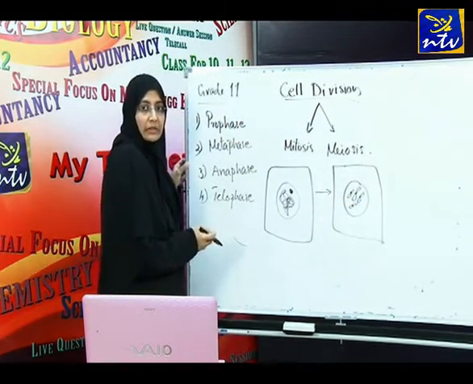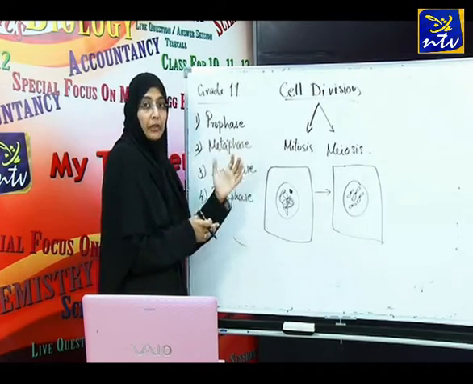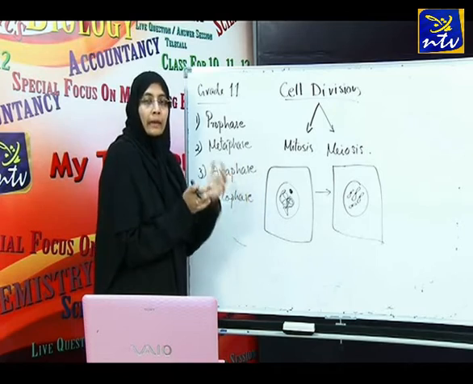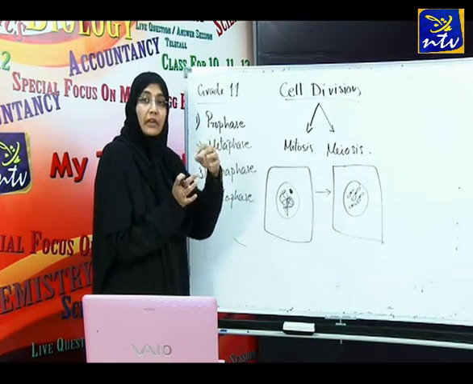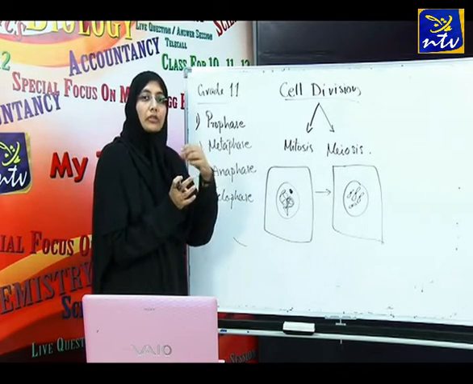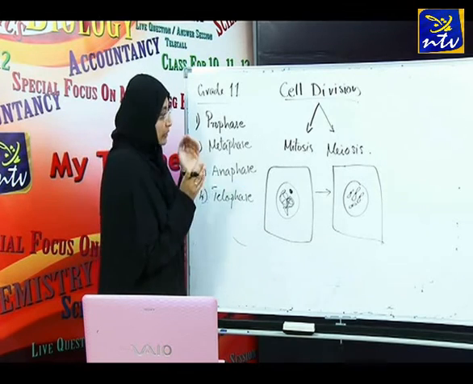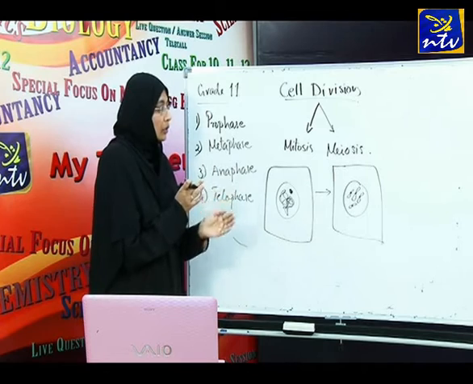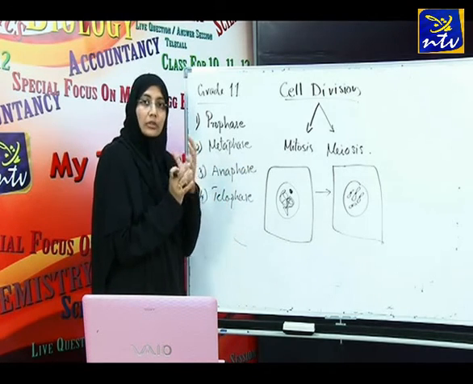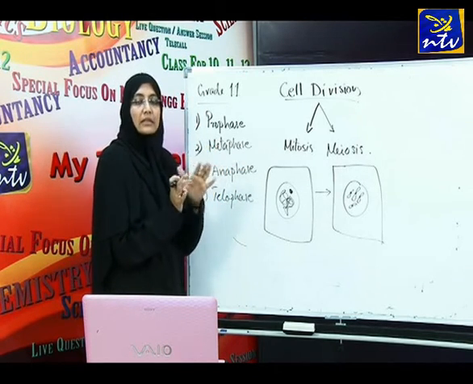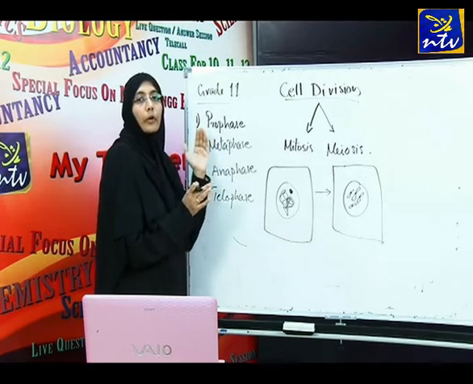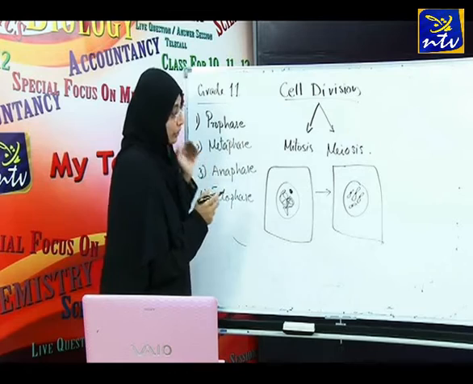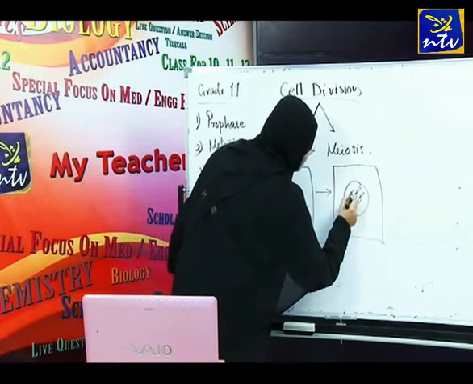Then in the late prophase, students often ask up to which stage prophase takes place. We cannot easily demarcate each phase because it's a continuous process. Still, we say that once the nuclear membrane disappears, the nucleolus disappears and chromosomes are clear, that is the end of prophase.